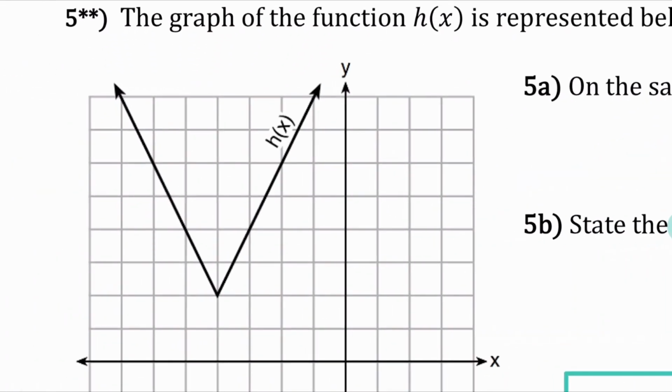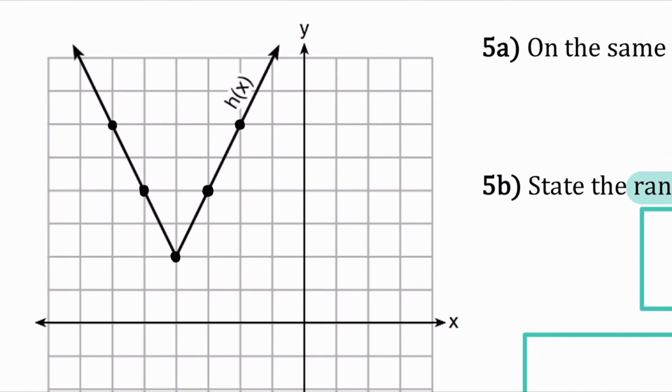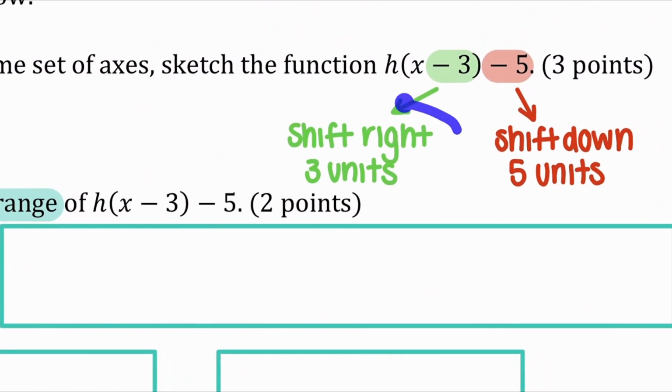What we can do is identify points that are easy to identify, in other words, integer or whole number coordinates. So I'm just plotting a couple of points as such. This is very similar to when we're in Algebra 1 talking about rise over run, because we're going to take every single point that we can identify and follow the transformations that we just wrote over here, which is to shift right by 3 units and then go down by 5 units.